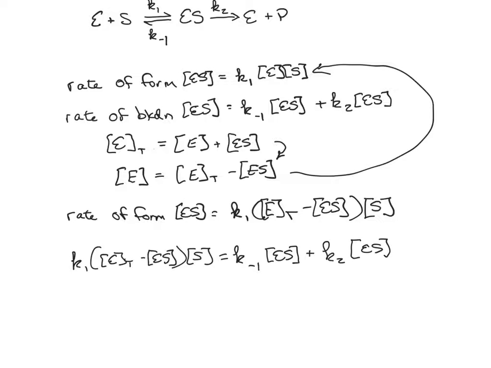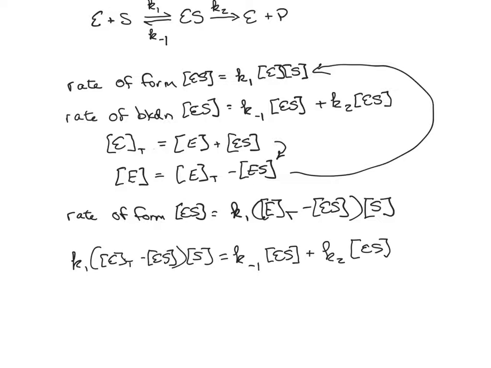So why do I do this? Well, we don't have any way of measuring the concentration of enzyme substrate complex. But if I can somehow solve for an equation that tells me how much enzyme substrate complex there is in terms of things I do know, then I can actually turn this into something I can use in the lab.